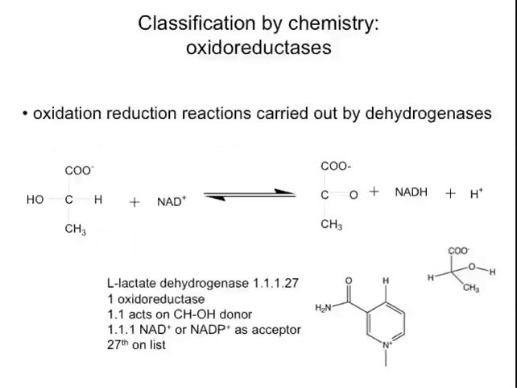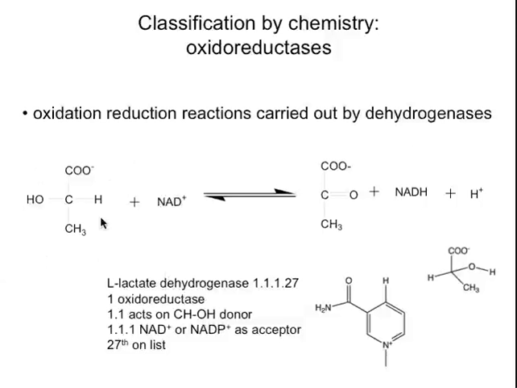I don't want to spend a lot of time discussing each of these, but it's worthwhile pointing them out to you. So the oxidoreductases carry out oxidation reduction reactions. Typically, we'll call these dehydrogenases. That's a common name for this kind of enzyme, although not uniquely so.